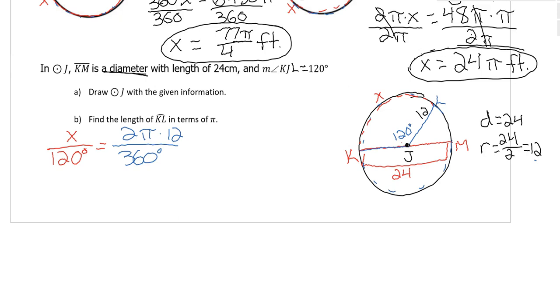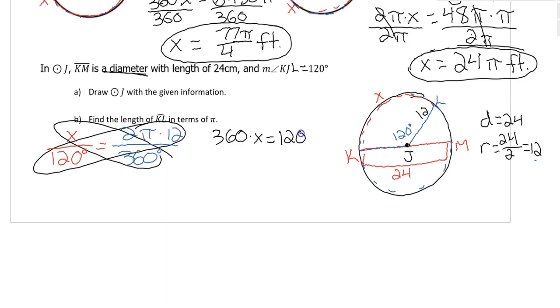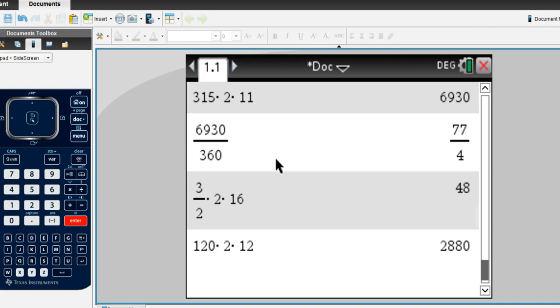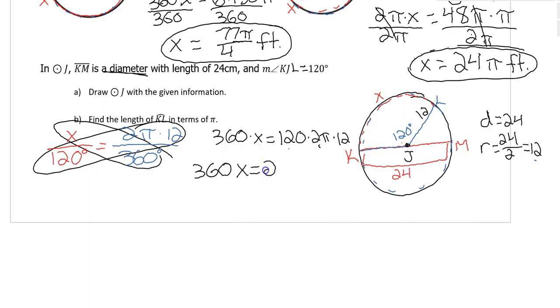Cross multiplying, I have 360 times x equals 120 times 2 pi times 12. That gives me 360x equals, I need to do 120 times 2 times 12, and I get 2,880. And don't want to forget my pi. Then I need to divide by 360 on both sides.